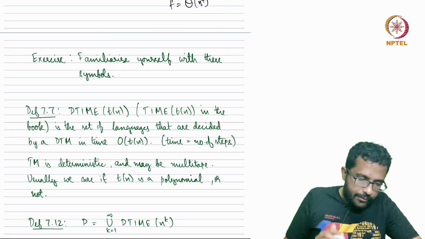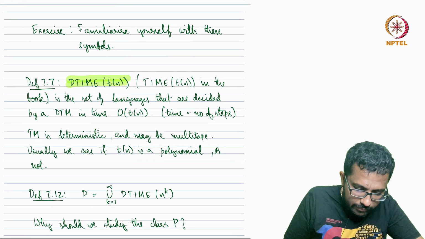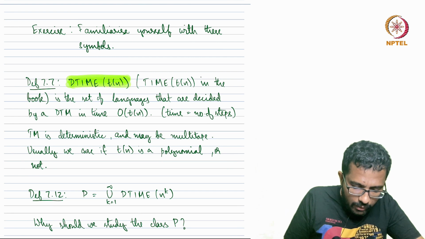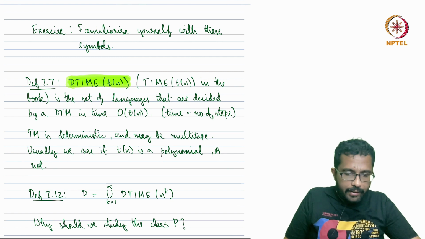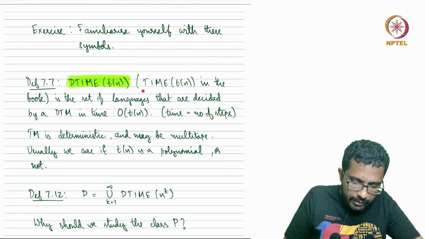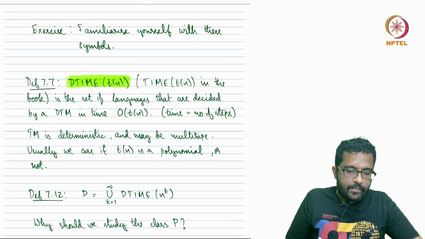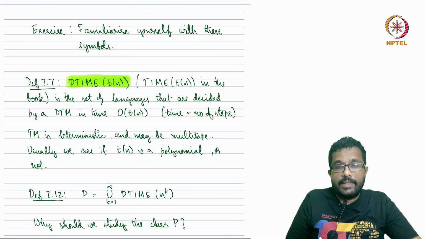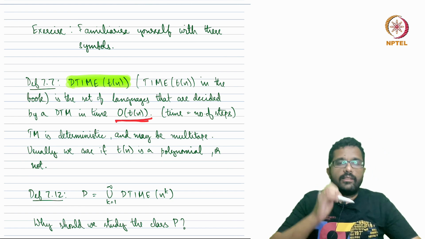So the next definition is DTIME(T(n)). I think in the book by Sipser it's defined as TIME(T(n)). It is the set of all languages that are decided in time order T(n), in big O of T(n).